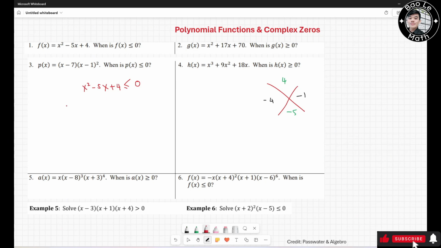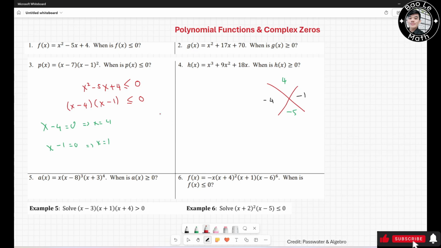So this one right here I just rewrite as (x - 4)(x - 1) less than or equal to 0. Alright. Now the second step, I need to find the zeros of this one, right? So x - 4 equal to 0, and then x equal to 4. x - 1 equal to 0, then x equal to 1, right?